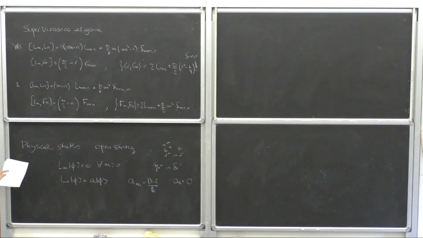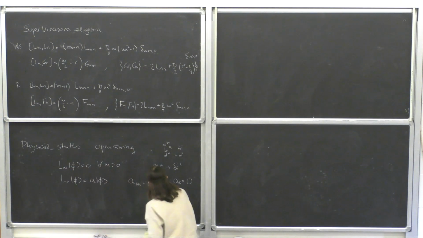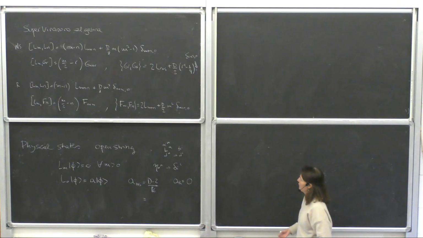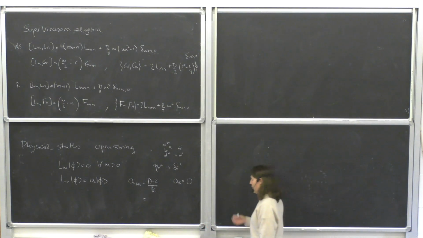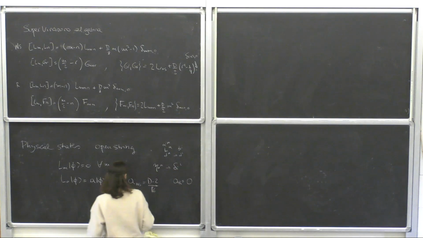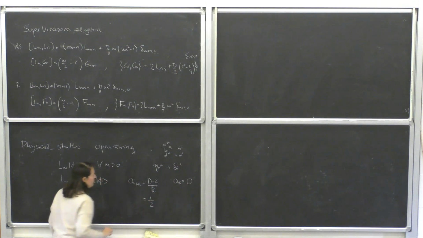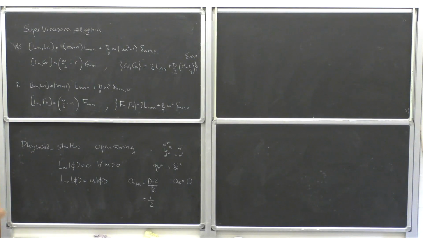We're going to get that from requiring the physical state conditions up to the massless level. So for d equals 10, you get from the ghost, the part that I didn't explain, that a_NS is 1/2 and a_Ramond is equal to 0.